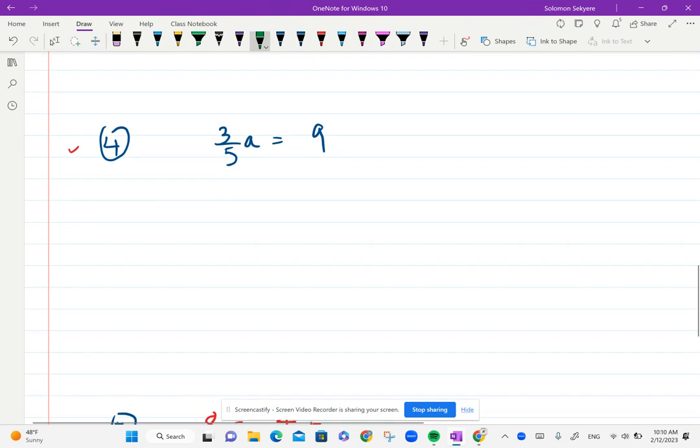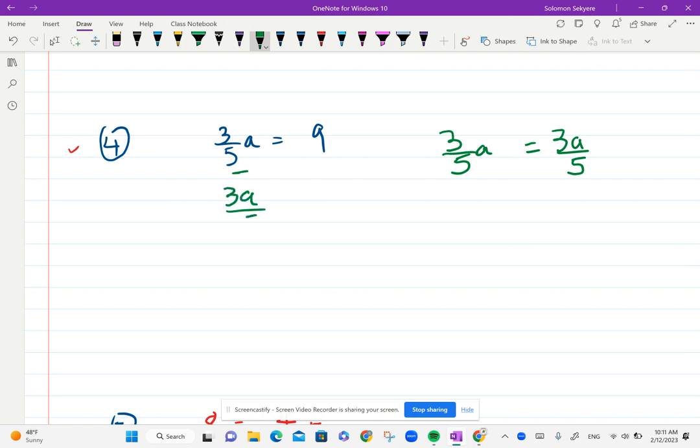Let's do this type over here. Where's your variable? Right here. Whenever you have 3 over 5 a, see this a here in the middle? Always rewrite it: it is 3a over 5. So we rewrite it as 3a over 5 equals 9.